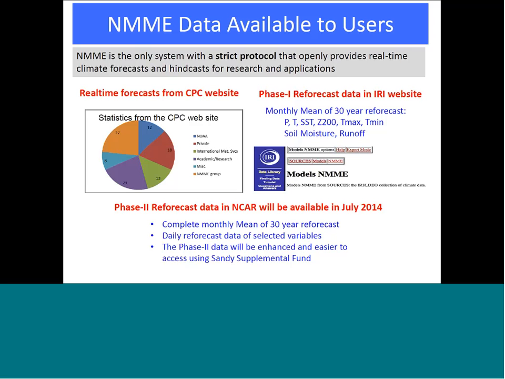And the Phase 2 data from the NMME Phase 2 project will be available next July, which will include more comprehensive data, including complete variables of monthly mean of a 30-year hindcast from 1982 to the present, and also daily reforecast data of some selected variables.